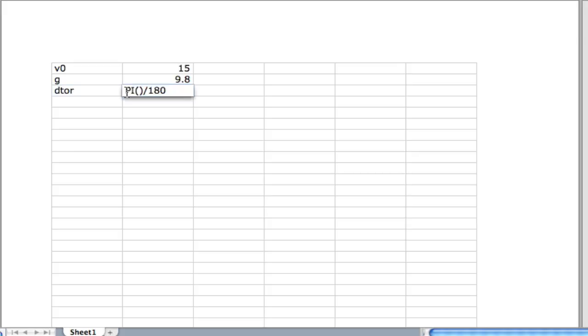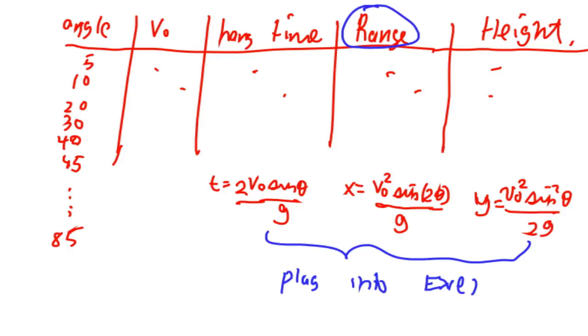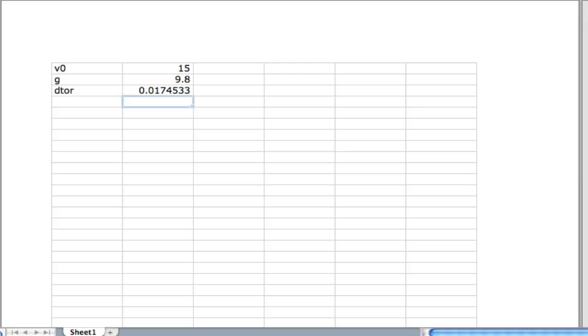And that'll convert any angle to radians so that Excel can read it properly. So now let me go back to the sheet that we were working on. I'm going to type in this whole table, and then use these formulas. I'm going to use this to get hang time, and this to get range, and this to get height. So let's do that right now in Excel.